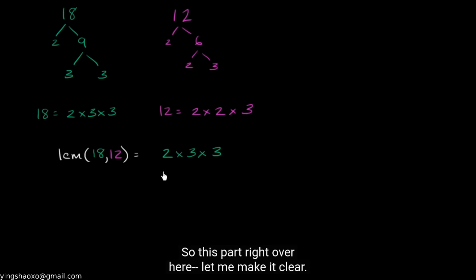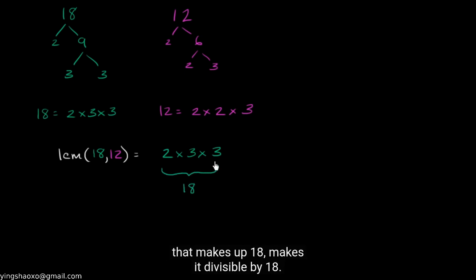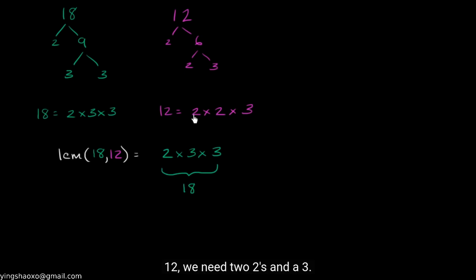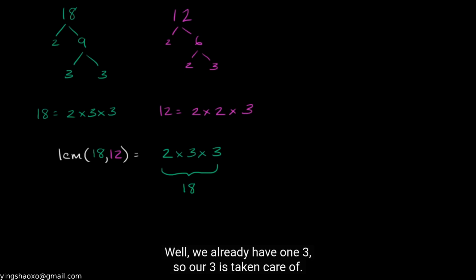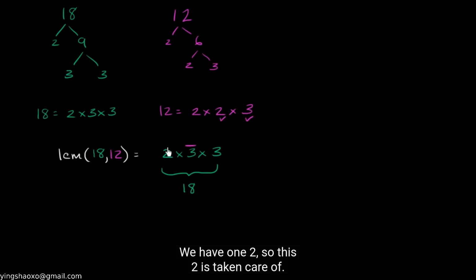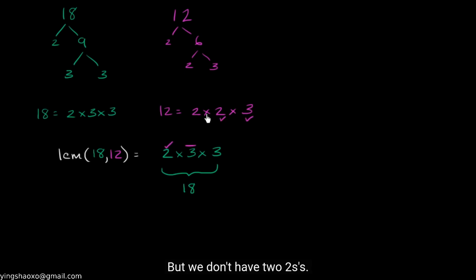And now let's look at the 12. This part right over here is the part that makes it divisible by 18. And then for 12, we need two 2's and a 3. Well, we already have one 3, so our 3 is taken care of. We have one 2, so that 2 is taken care of, but we don't have two 2's. So we need another 2 here.